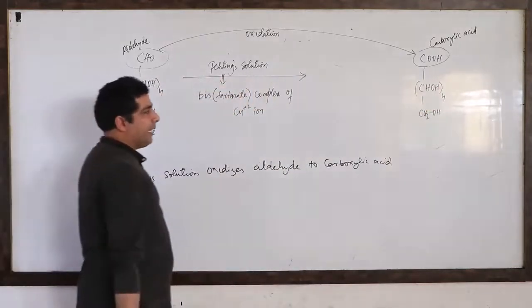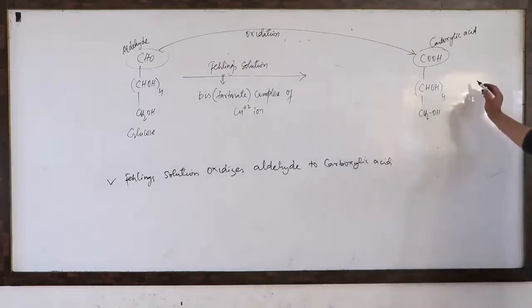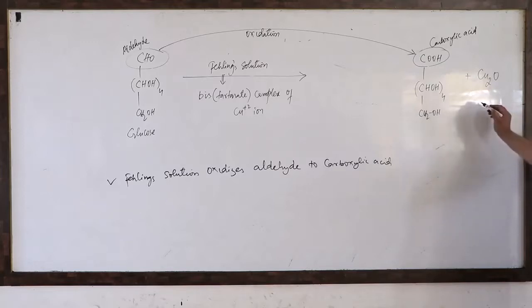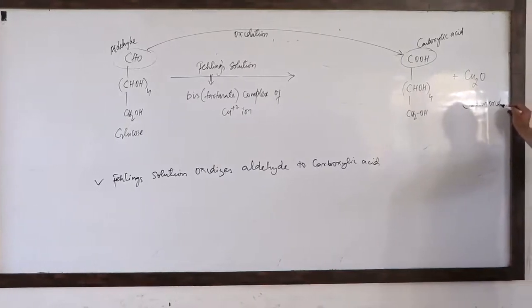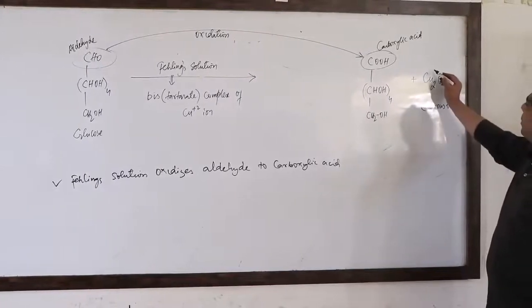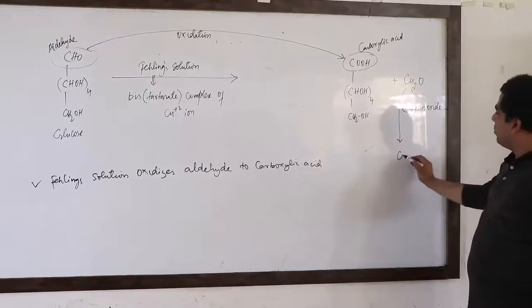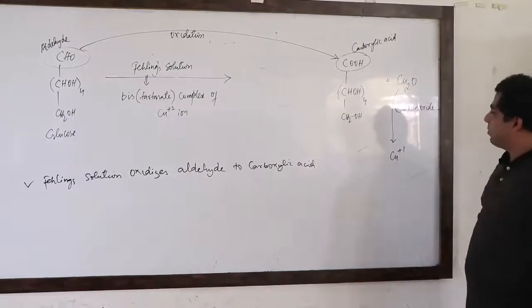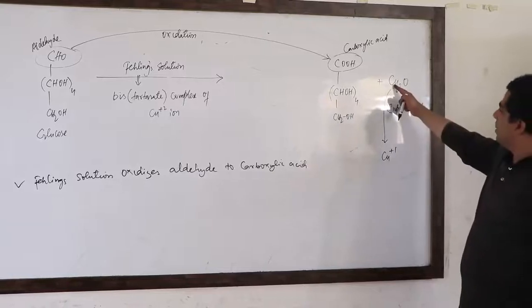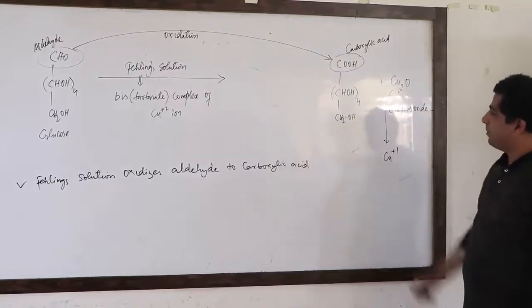Now what happens later? The one more product you are getting here is the cuprous oxide. This is cuprous oxide. Okay? And in that cuprous oxide the copper will have an oxidation state, if I take one copper out, of +1. The oxidation state of this copper in cuprous oxide is +1 because it's cuprous.